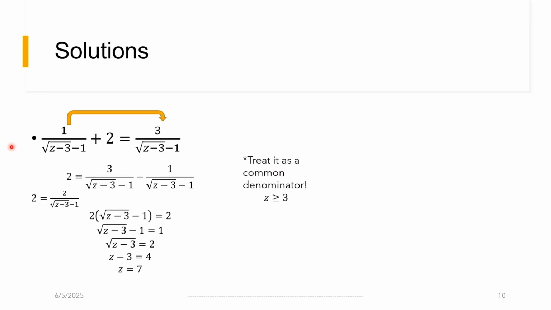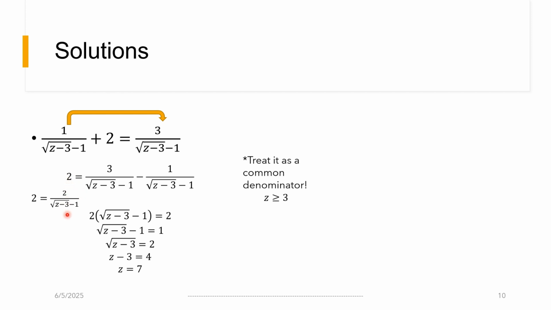We treat these two as the same common denominator, so we move these two over as like terms and combine them, and we get some subtraction over here. So this would basically be 3 minus 1 divided by this common denominator, which is 2.